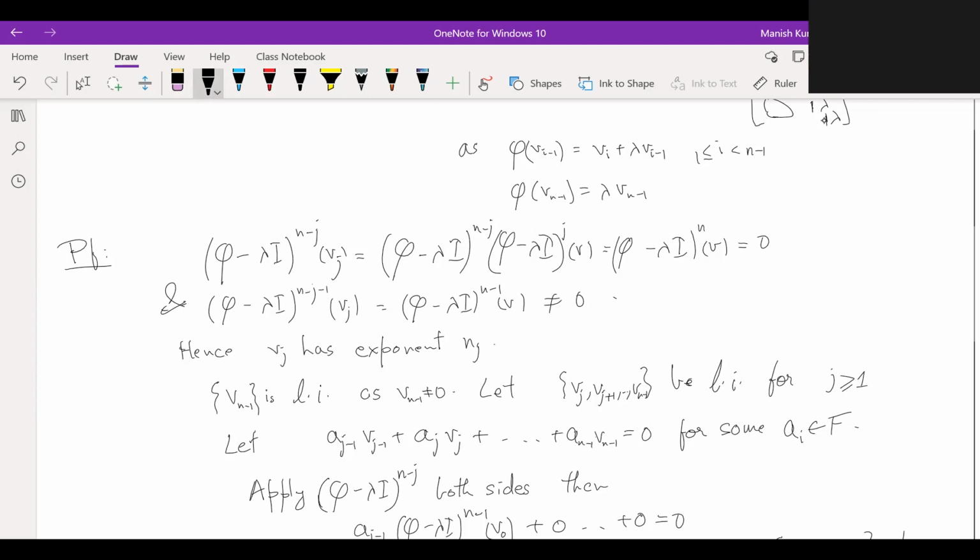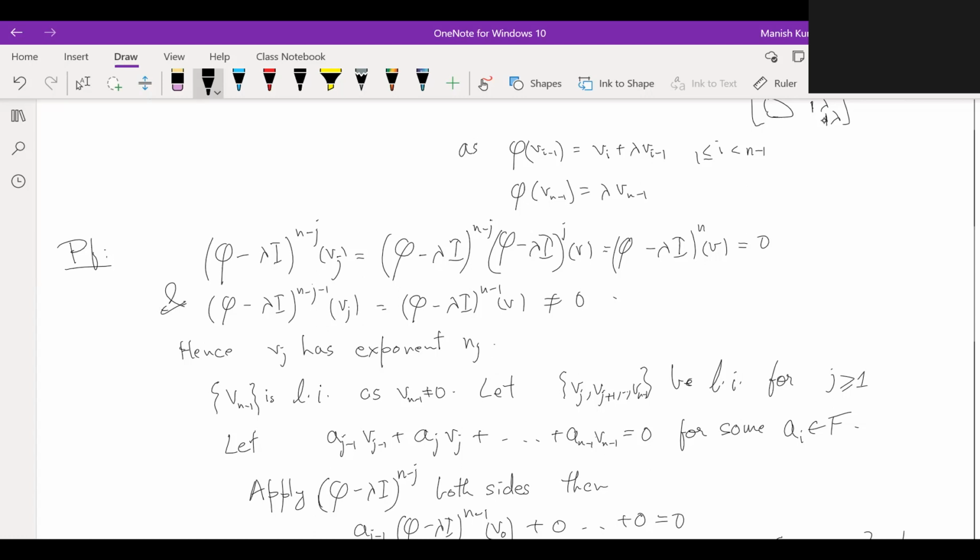All the terms Vj plus 1 and so on will become 0, because Vj has exponent n minus j, Vj plus 1 has exponent n minus j minus 1, and so on. So phi minus lambda I to the power n minus j will kill Vj plus 1 up to Vn minus 1.